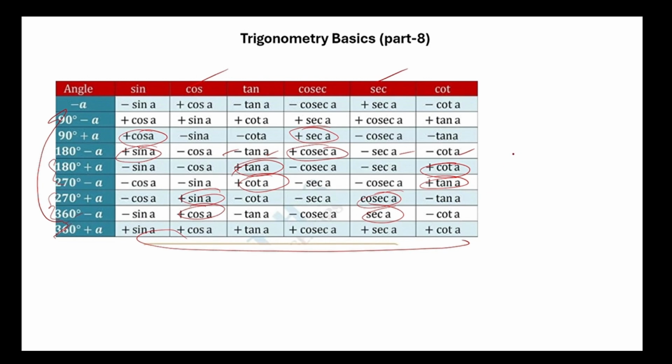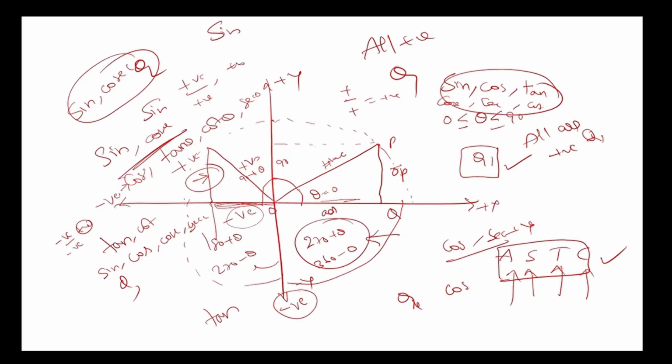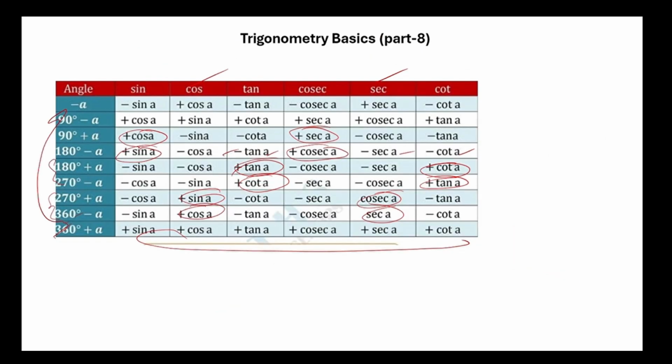The only thing is, when it is 90 or 270, sine becomes cos and cos becomes sine. Now we have to identify when this happens. It is a very simple rule: the adjacent side becomes the opposite side and the opposite side becomes the adjacent side when the angle is 90 or 270. Otherwise, in case of 180 and 360, it is the same.